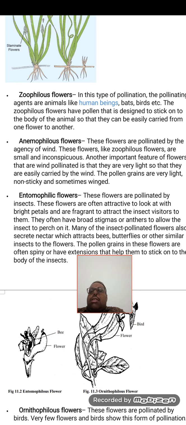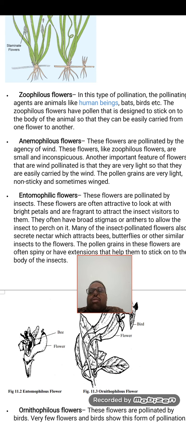When the honeybee comes and attaches, it will go very deep inside the flower. When it is going inside the flower, the pollen grains will come and stick to the underside of the body, not the top side, but the lower part of that particular insect.